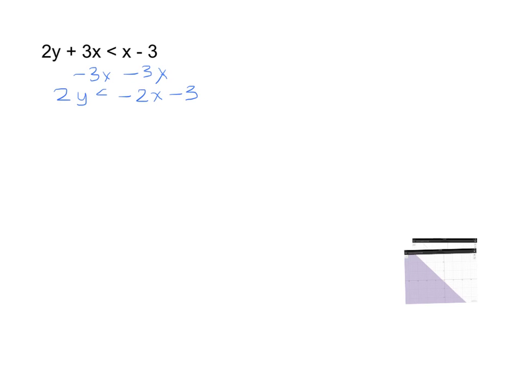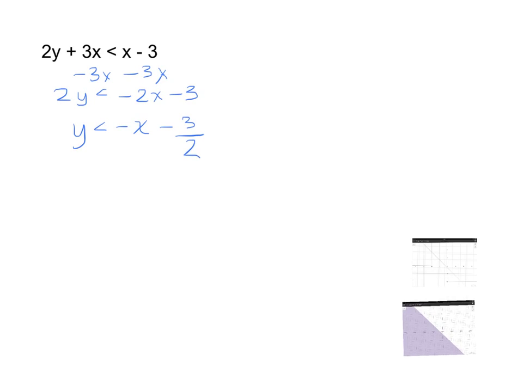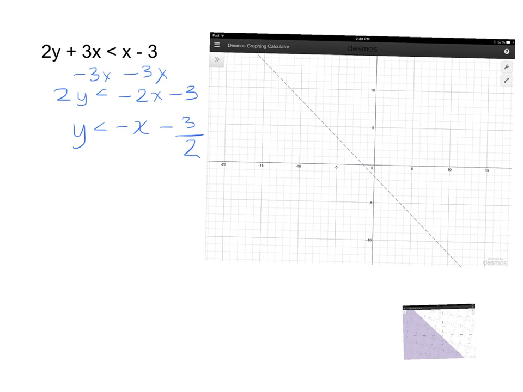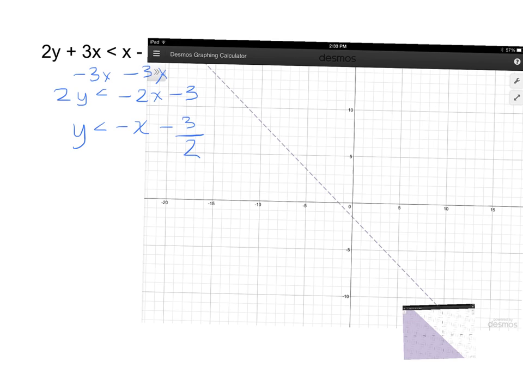Then divide by 2, so y is less than negative 2 over 2, so just negative x, minus 3 over 2. Okay, so then I can graph that boundary line. And it looks like this, where the y-intercept is negative 1.5 and the slope is negative 1.